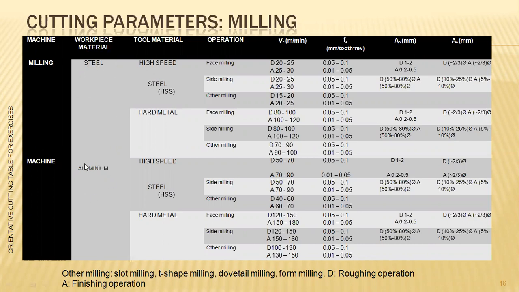Coming to this point, the standard values in the milling process, for workpieces like steel and aluminum, most widely utilized in the tourism sector, and the corresponding tools used for machining these steel parts and aluminum parts, and the operational processes, that is face milling, side milling, and other milling in the case of hard metal steels, and high speed steels over the aluminum process.